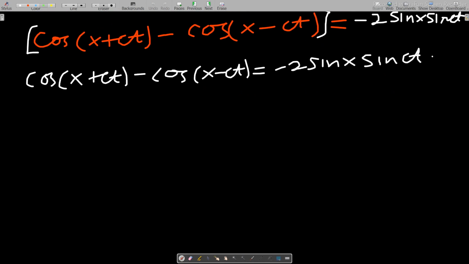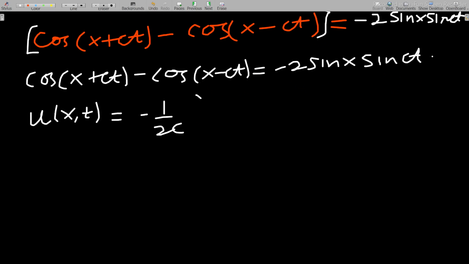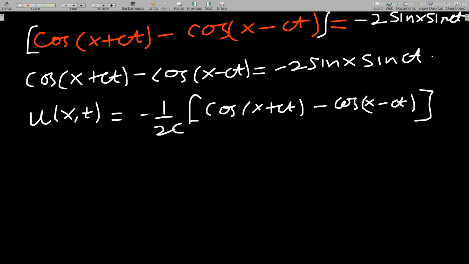We know that u of (x, t) is equal to negative 1 over 2c in bracket, cos of (x plus ct) minus cos of (x minus ct). This is what we had, and we know the expression for this. It is just this one.